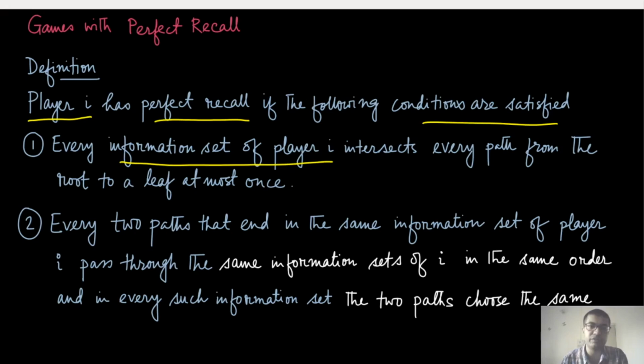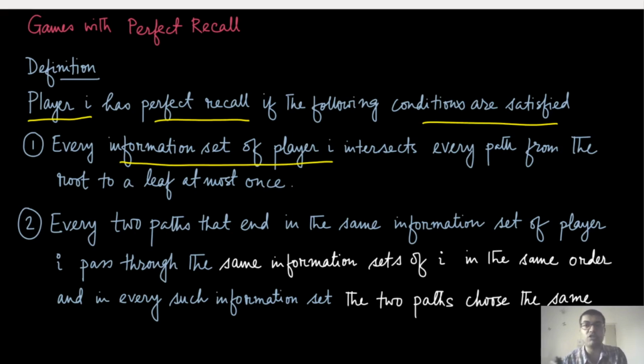Pick any leaf node and look at the unique path that is leading from the root to that leaf node. That should intersect every information set of player I at most once. There should not be any case like the previous one where you had the same path intersecting the same information set of the player multiple times.